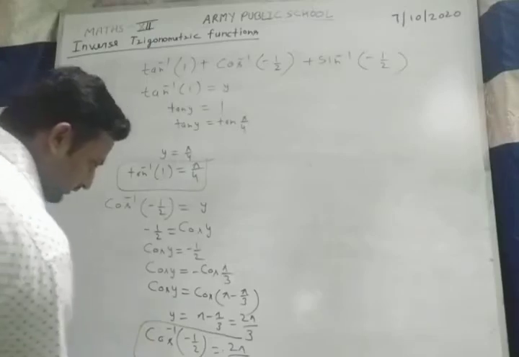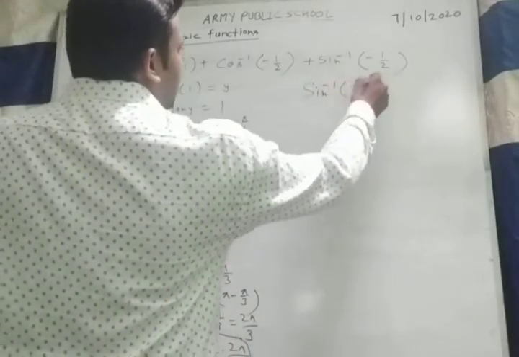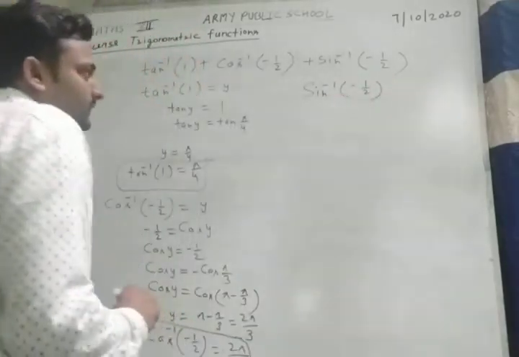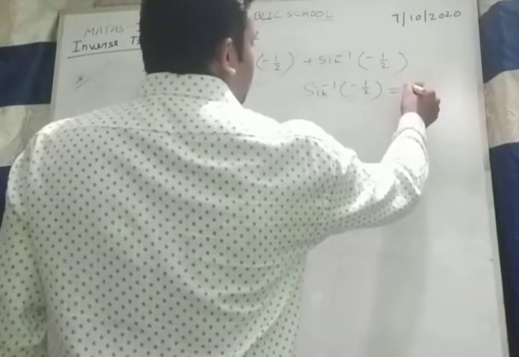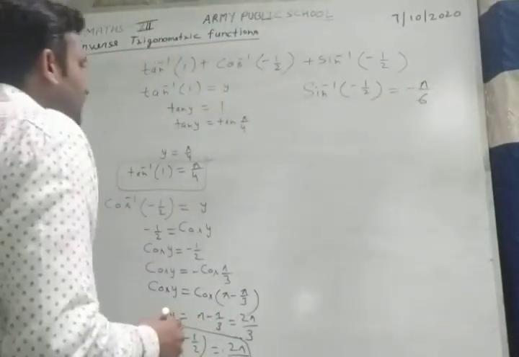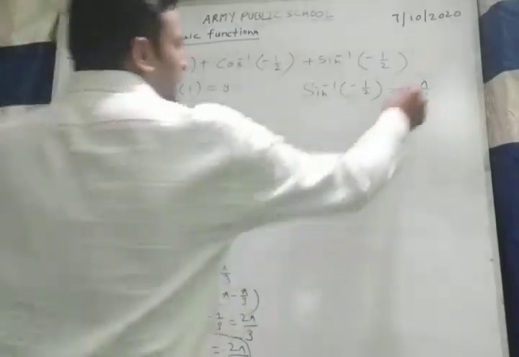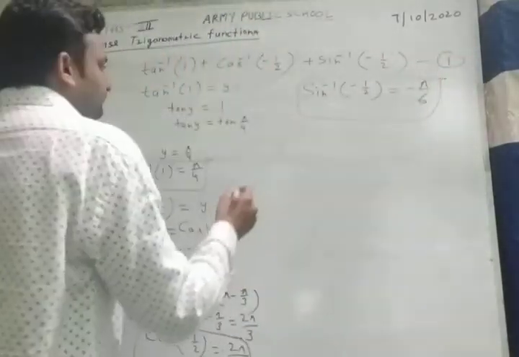Now third, sin inverse minus 1 by 2. The value of this we have just solved. What is this? Minus pi by 6. Now put all these values in the first equation.